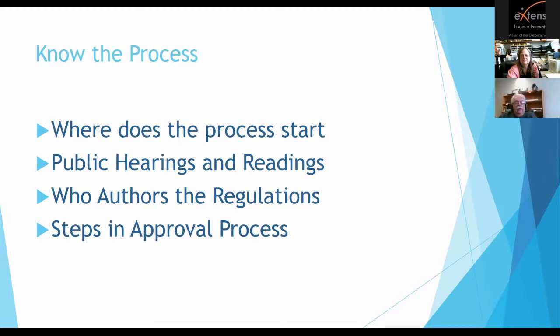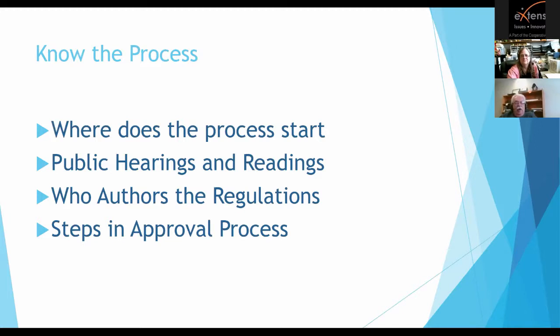And in any type of regulation, there are steps in place for approval of a process. So the first example would be you would have to have a public notice of the desire to produce regulation. Then you'd have to have public notice that there's going to be a public hearing on it.